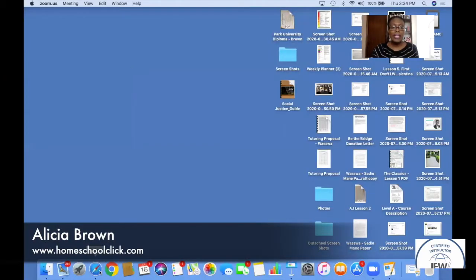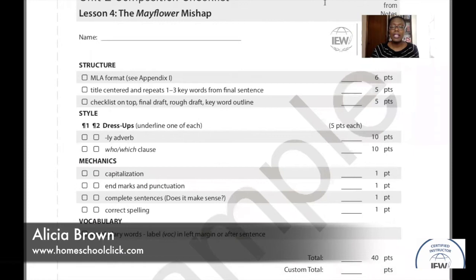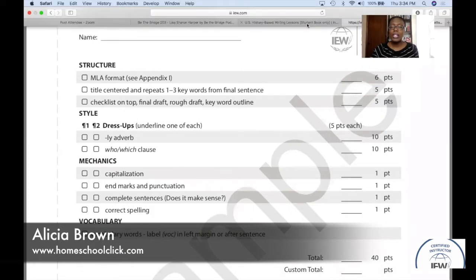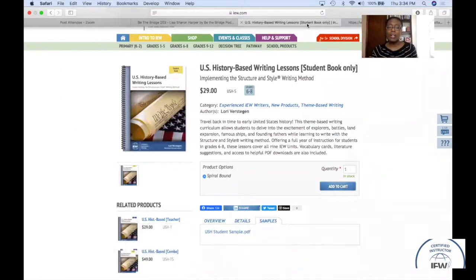So follow me to the IEW website. I'm going to share my screen and show you the website. If you were to go to the IEW website, you would click on U.S. history-based writing, and you would find something that looks like this, which is a student book. So you would see what is inside of the curriculum that the student has an opportunity to see.